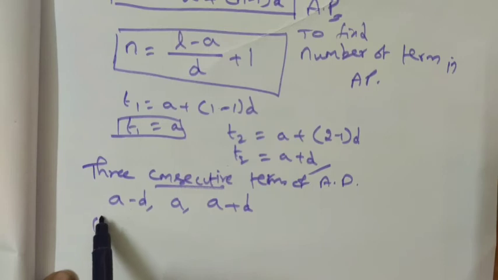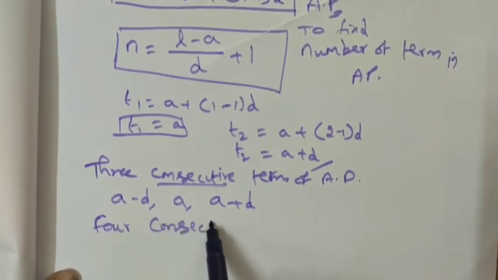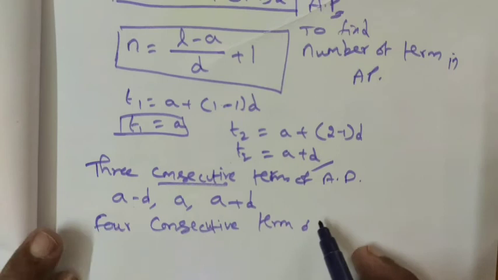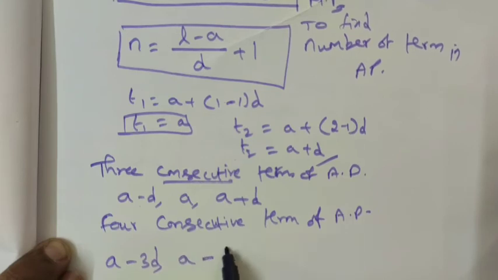Suppose it is four consecutive terms of an AP; they are A minus 3D, A minus D, A plus D, A plus 3D.